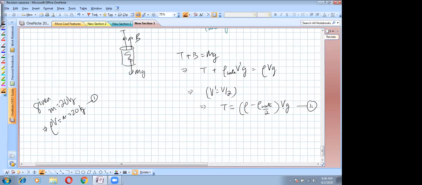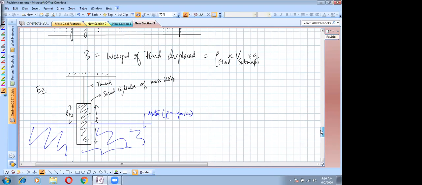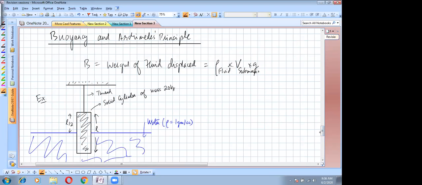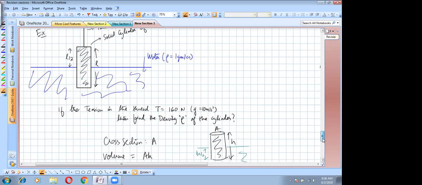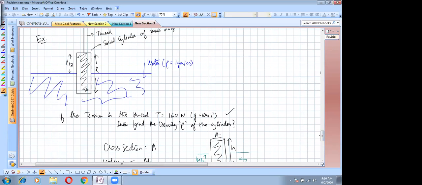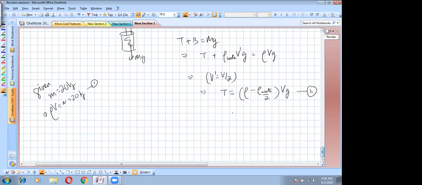This is what we are getting from equation 1. And also given that tension when it was 50% submerged is 160 newtons. So 160 is equal to density minus density of water by 2 into V into G. This is our second equation.